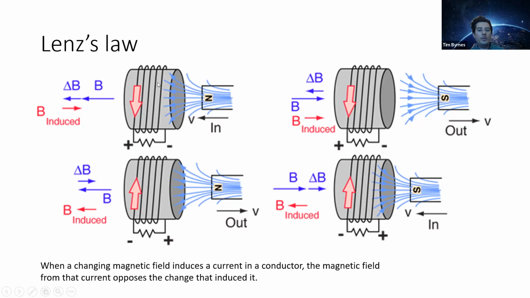Before it was small, and now we're introducing this magnet. So the coil tries to remove any magnetic field that is being produced, because you can think of this inductor as something that doesn't like change, and specifically doesn't like changes in magnetic field. Anytime you change it, it tries to resist it.